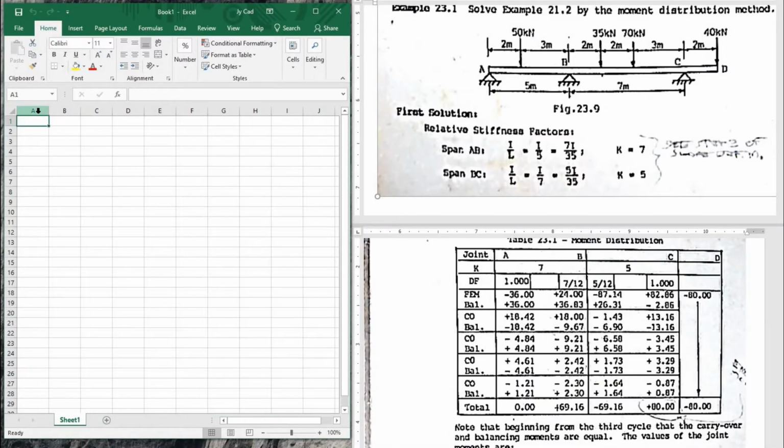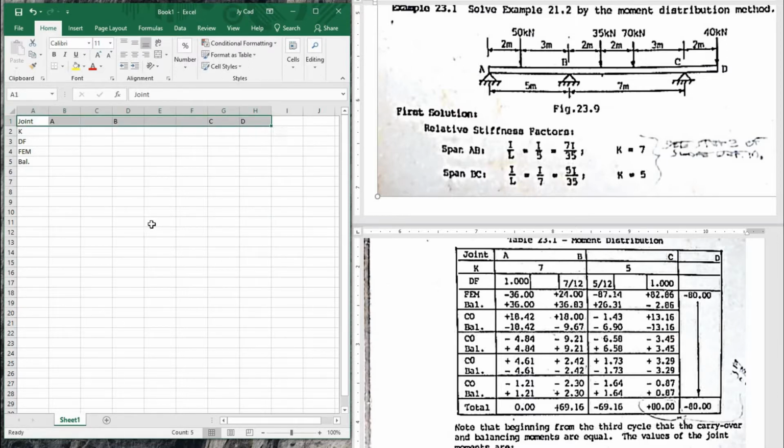So, ito na ang aking Excel. Joint, KTF, fixed end moment, balance, and then dito you have A, tapos B, C, and then D. So we have 1, 2, 3, 4, 5, 6, 7, 8 columns, no?